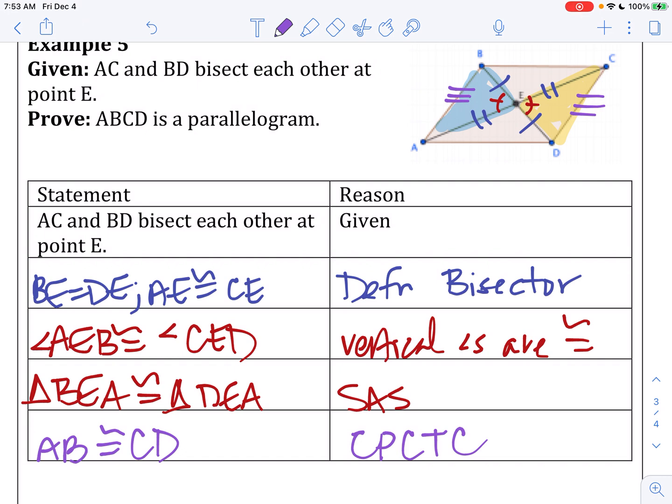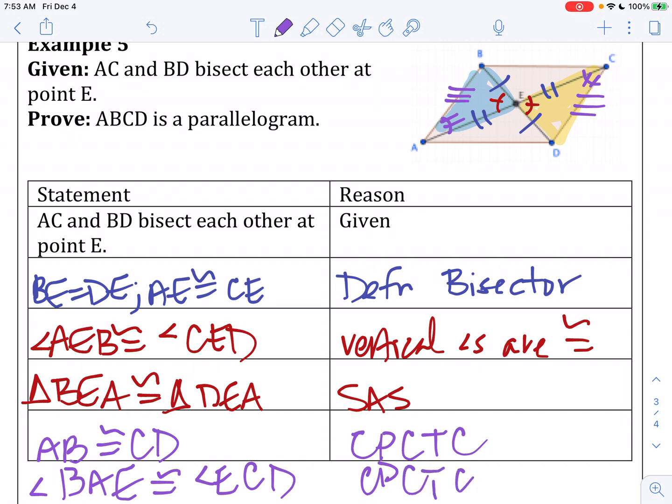Okay? I can also say something like angle BAE is congruent to angle ECD also because of CPCTC.